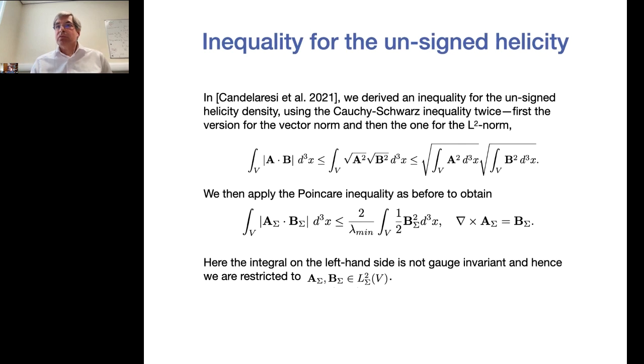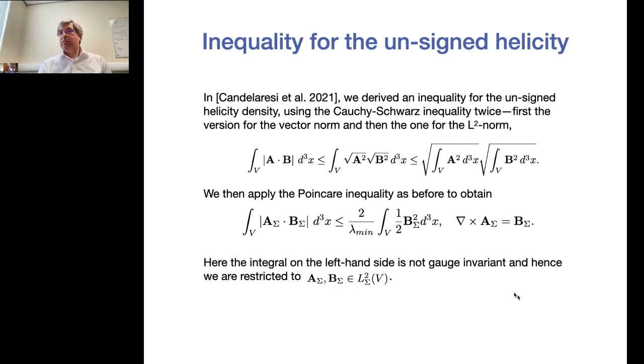Finally, I want to generalize this even further, and instead of considering just the modulus of the integral of A dot B, to consider the integral of the modulus of A dot B, which is typically much larger than the modulus sign outside the integral, because in a typical plasma you have regions both of positive and negative integrand A dot B. So that would give us in general a more useful inequality.